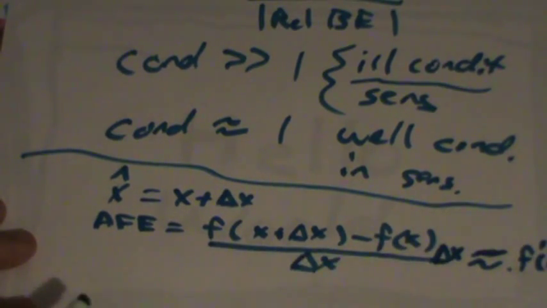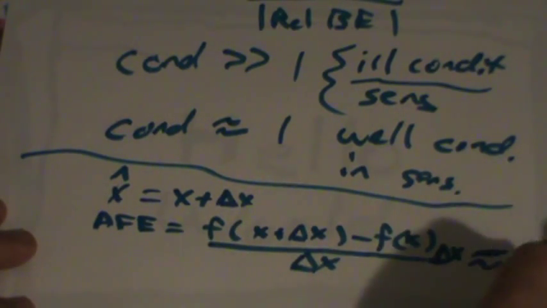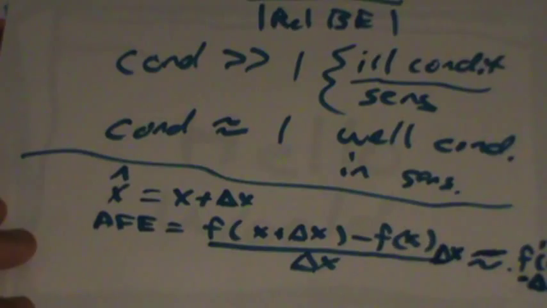Now I've multiplied by 1, delta x over delta x, on this side. This is that multiplication by 1 trick. So now I find that my absolute forward error is pretty close to f prime times delta x.